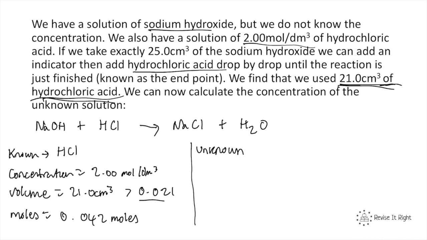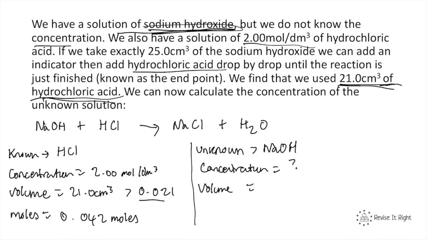And then we're going to get our unknown. Now our unknown in this example is our sodium hydroxide, so we're going to write that here. Sodium hydroxide, but we don't know the concentration, so that's the unknown. We're going to write concentration underneath is a question mark, and then the volume that we've got. So we take exactly 25 centimeters cubed of sodium hydroxide.